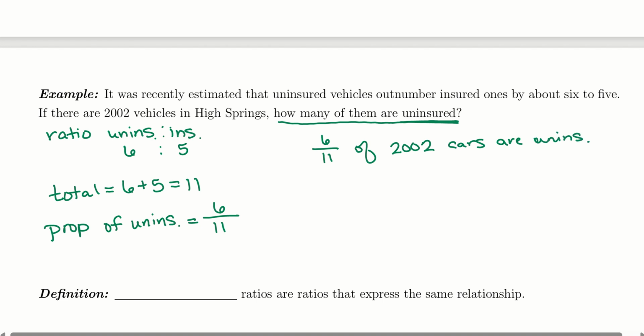Take all of our signifier words, turn it into an expression we can simplify. 6 over 11, of means multiply, 2002, so 6/11 times 2002 gives us approximately 1,092 uninsured cars in High Springs.